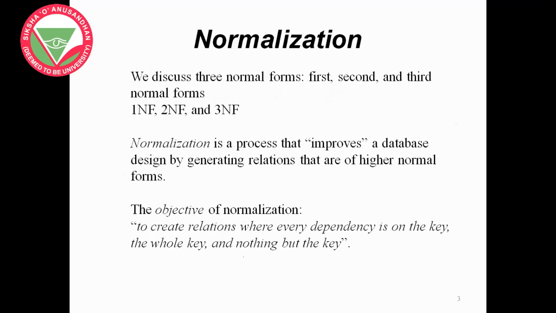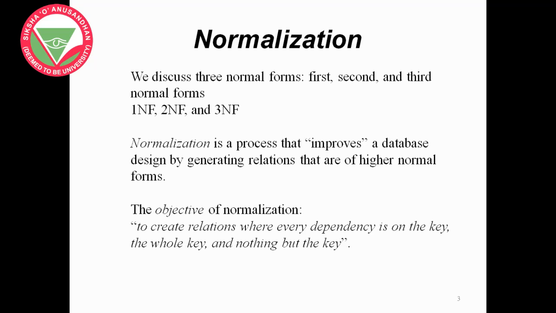In this video, we are only going to discuss about the first normal form. In the next video, we'll discuss about the second and the third normal form. Normal form is the process which improves the database design by generating relations that are of higher normal form.